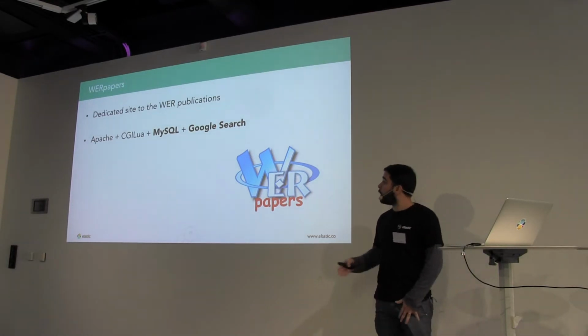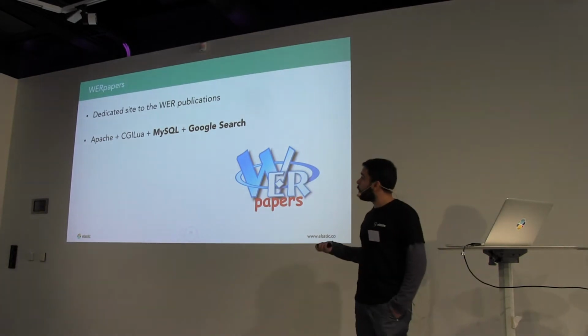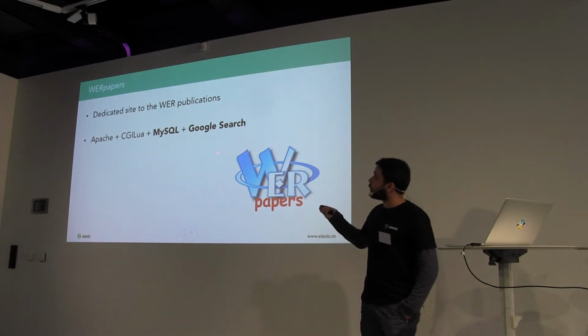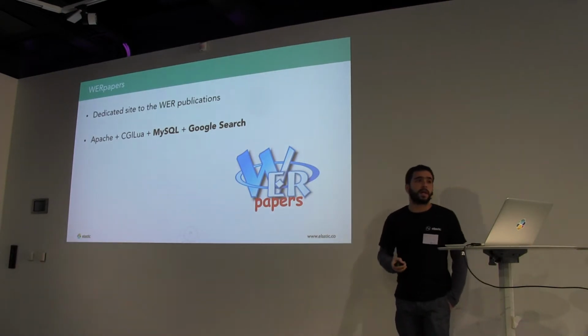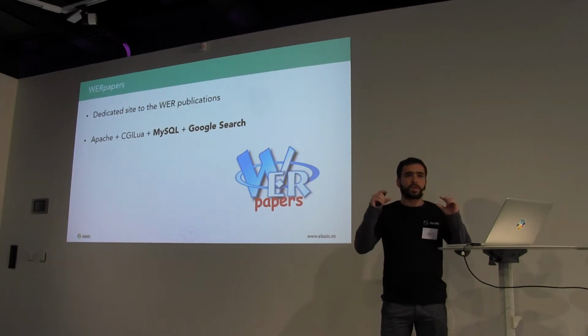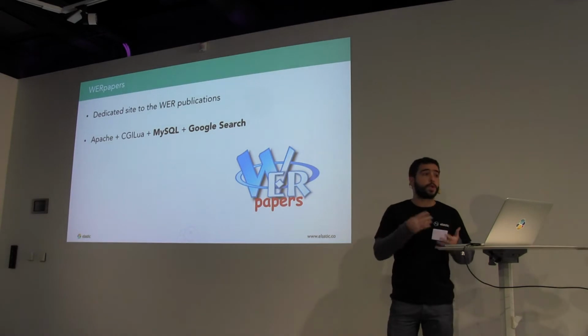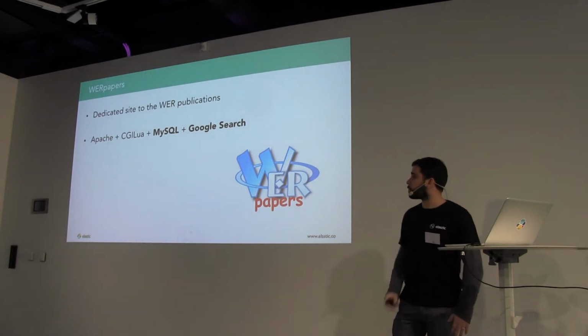Web Papers uses Apache, CGI Lua, a MySQL database, and Google search. Which means that if you go into the Web Papers website right now, you have a box to do a Google search and find things inside your domain, but using Google.